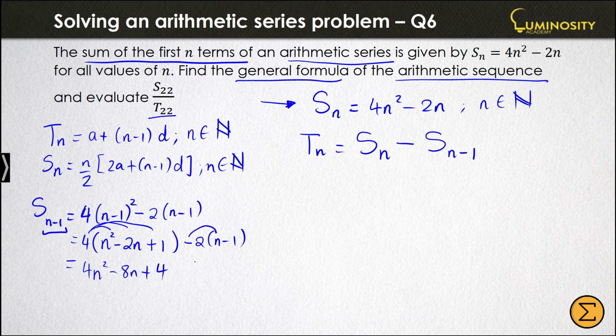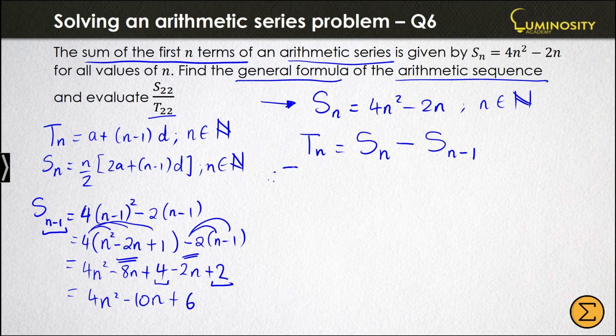And here minus 2 times n is minus 2n, and minus 2 times negative 1 is positive 2. So I get 4n squared, and negative 8n and negative 2n are common terms, so they become negative 10n. And 4 and 2 join to become 6. Those are common terms as well. 4 plus 2 is 6.